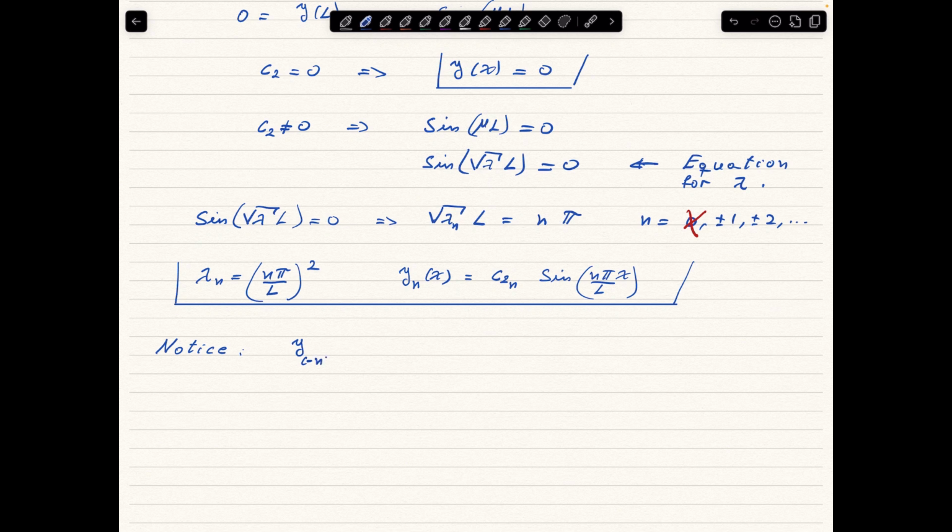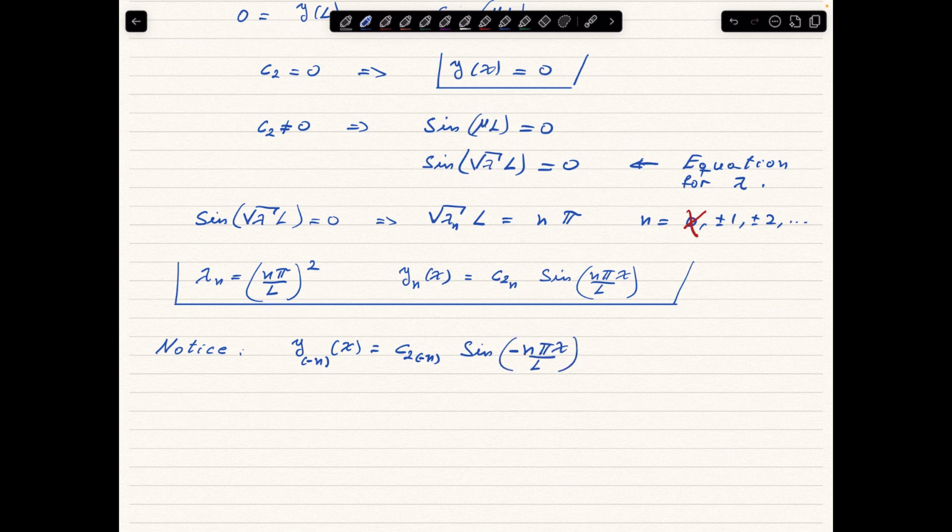Suppose n is 2. What is y of negative 2? So when the index n is negative 2, of x, well, this is some constant for that index, whatever we choose, times sine of negative n pi x over L.